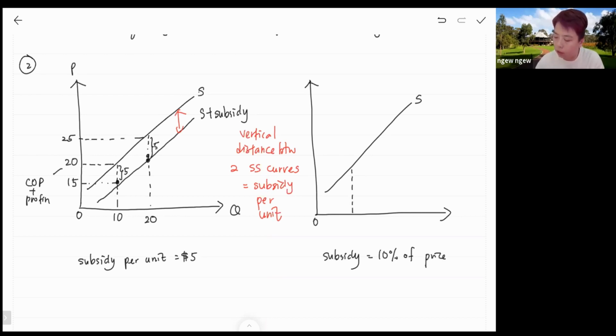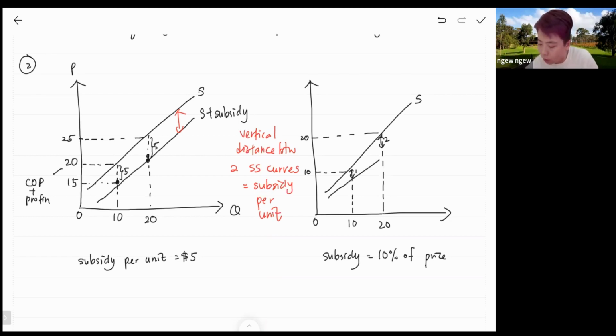Therefore, originally, when the price is 10 bucks, government will subsidize 1 buck. And when the price is 20 bucks, government will subsidize $2. Likewise, when the price is $30, government will subsidize 10%, which is $3.